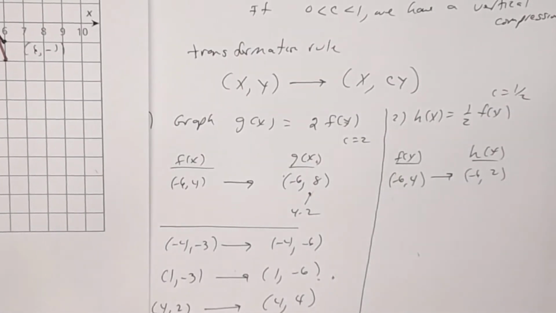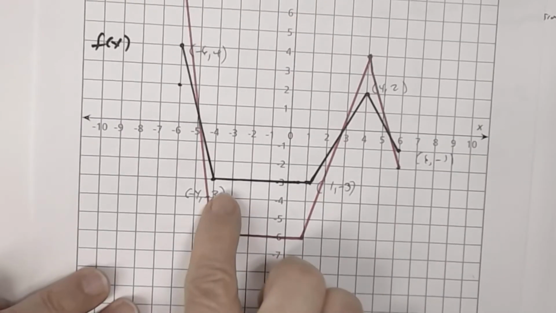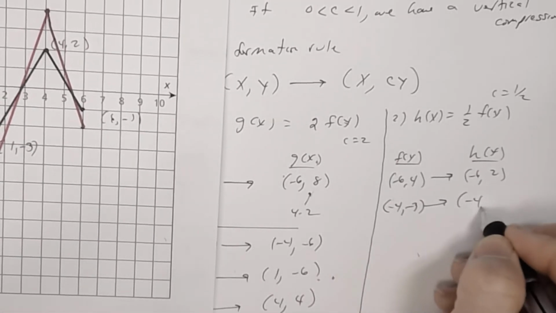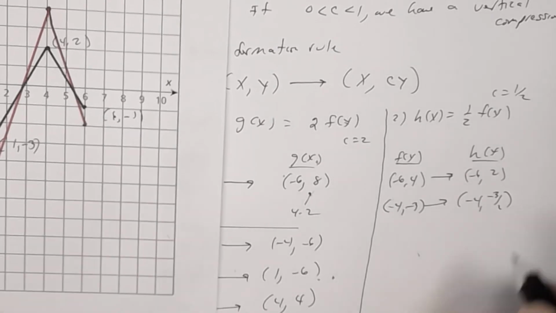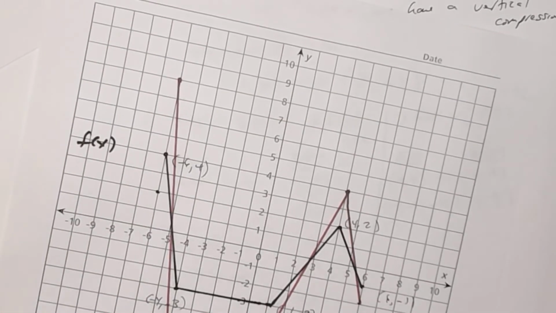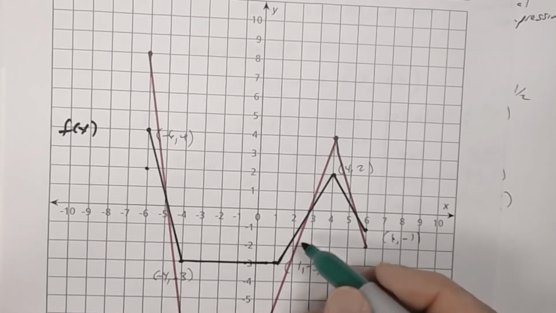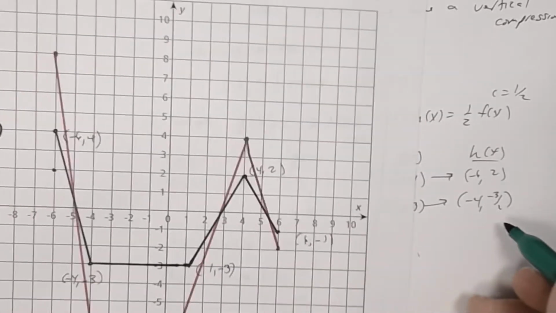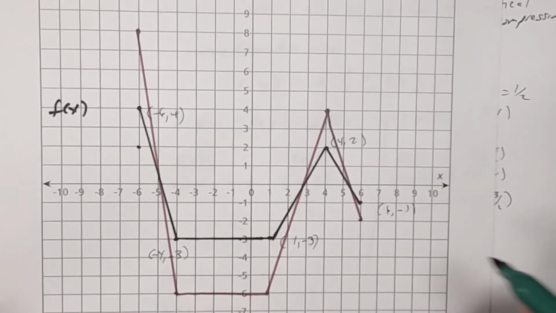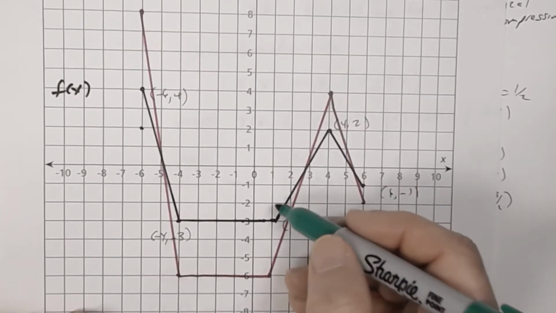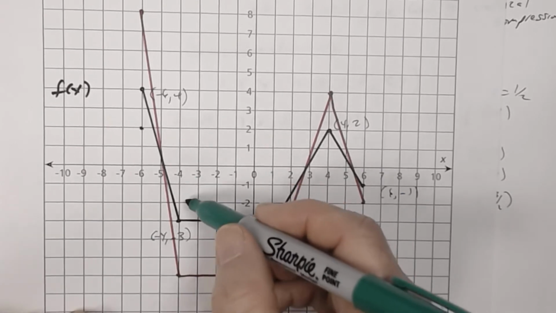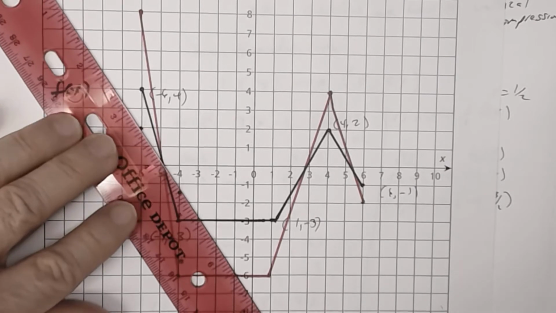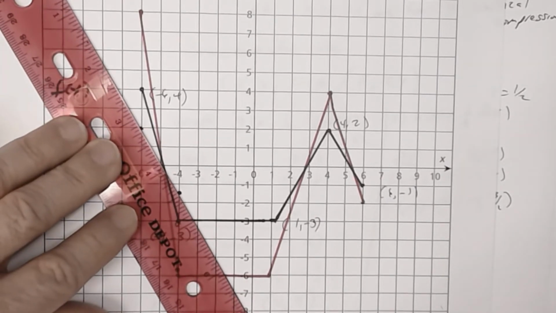So the point negative 4, negative 3 becomes the point negative 4, negative 3/2, which is negative 1 1/2. So I get this point right here. All right, so I'm going to connect those two endpoints, and I get this.